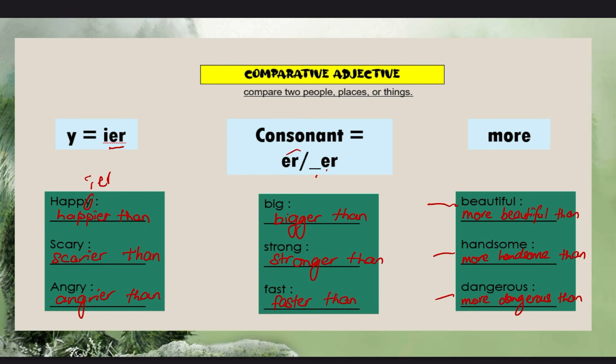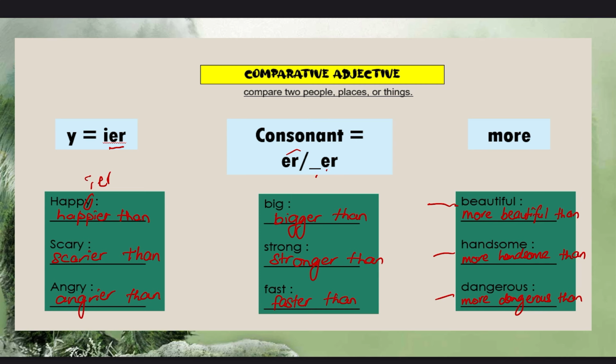So this is the example of how to use words with Y, words with consonants, and also the words that you need to use more at the front. So that is how you change the word. We are done with that.